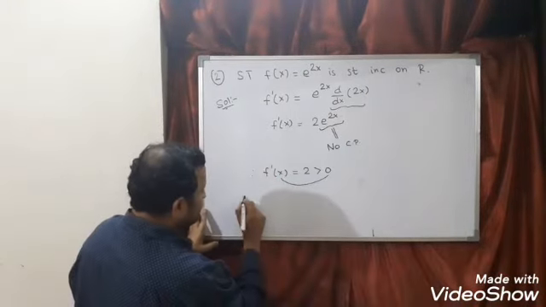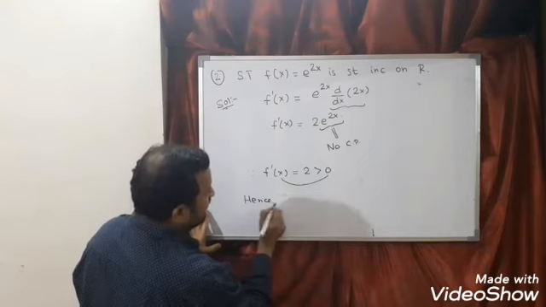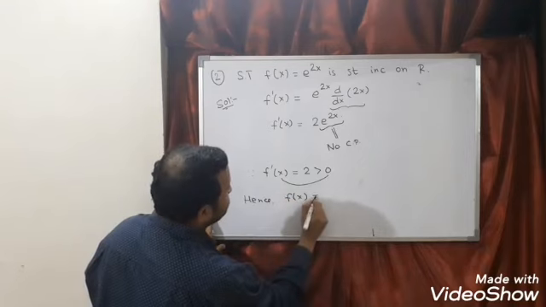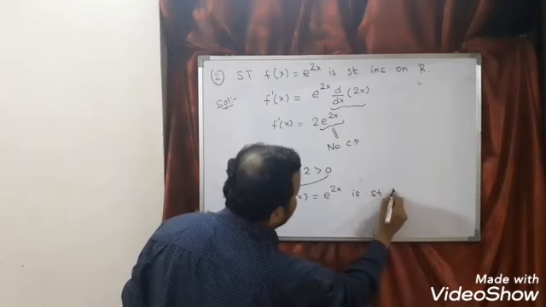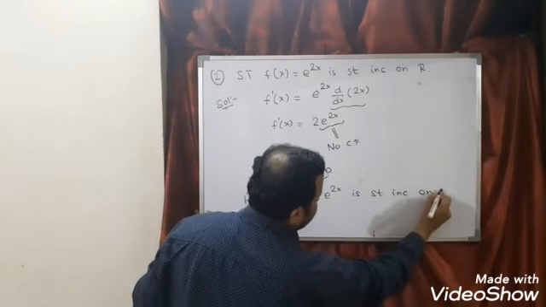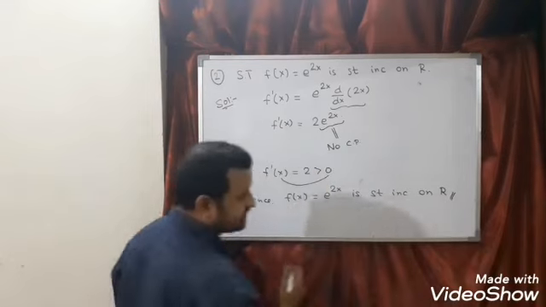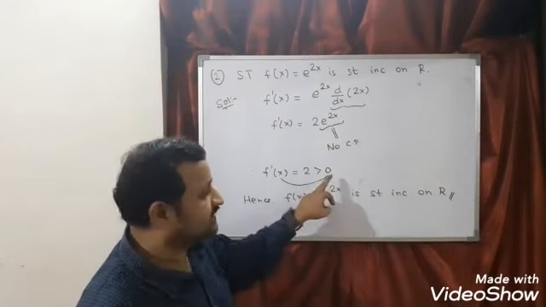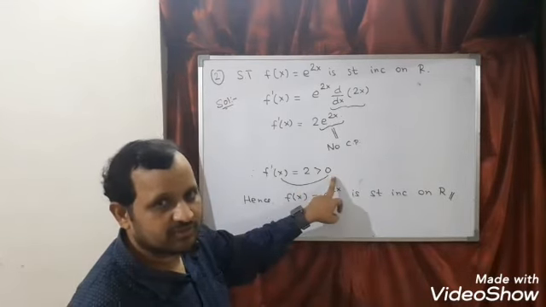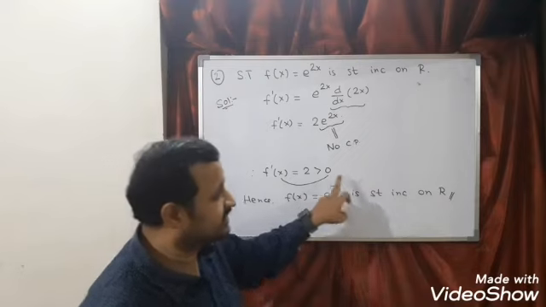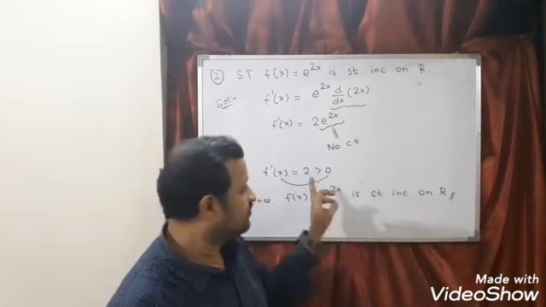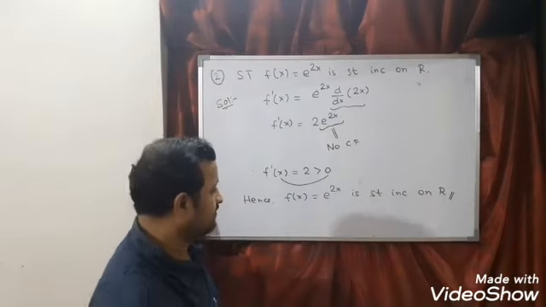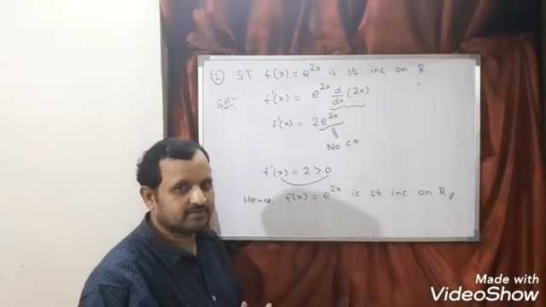So from this we can say, hence f of x is equal to e power 2x is strictly increasing on all real numbers. 2 is always greater than 0. Yes or no? It is always greater than 0. So that means all real numbers. So I think the solution is clear.